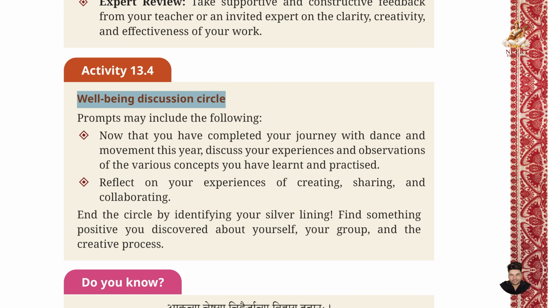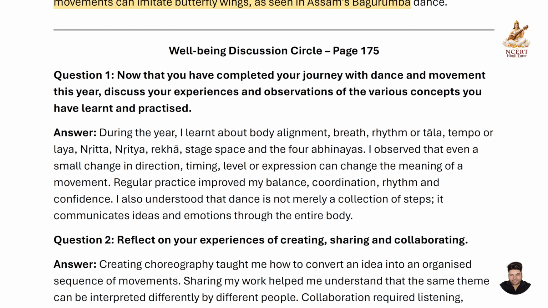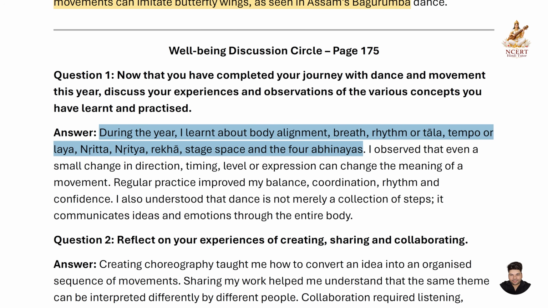Well-being discussion circle, page 175. Now that you have completed your journey with dance and movement this year, discuss your experiences and observations of the various concepts you have learned and practiced. Answer. During the year, I learnt about body alignment, breath, rhythm or tal, tempo or lay, nritya, rekha, stage space, and the four abhinayas.